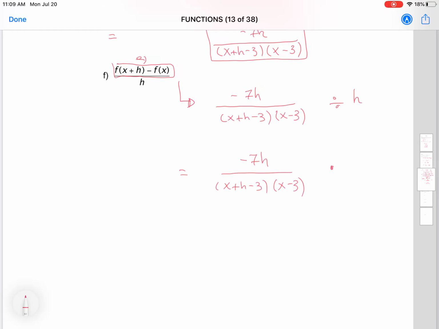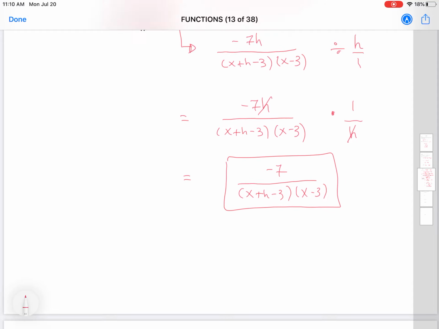So x plus h minus 3, x minus 3. And the reciprocal of h over 1 is 1 over h. Ciao, ciao. Final answer to this problem is minus 7 over x plus h minus 3, x minus 3.